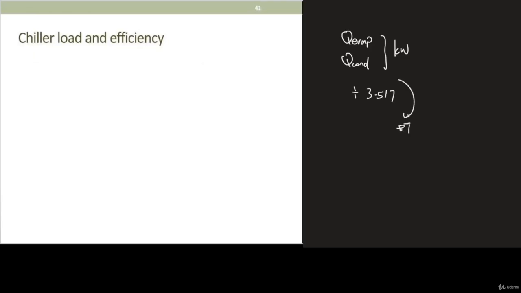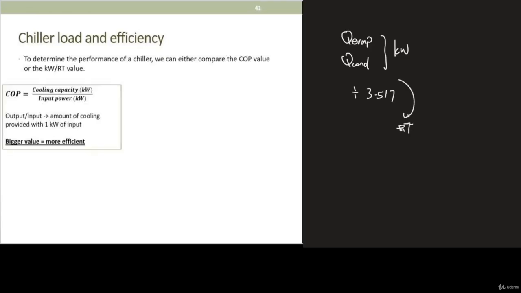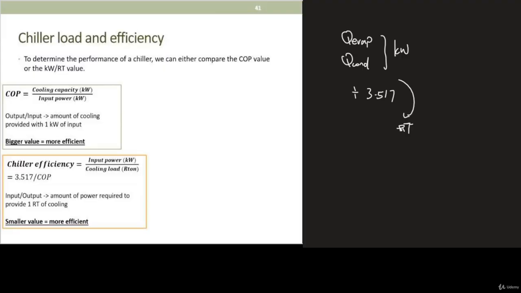And for efficiency, usually we use COP, but for chillers there's another kind of measurement. We call it kilowatt per ton. It's actually related to your COP. So what is this kilowatt per ton? It means how much power you need to provide 1 ton of cooling.